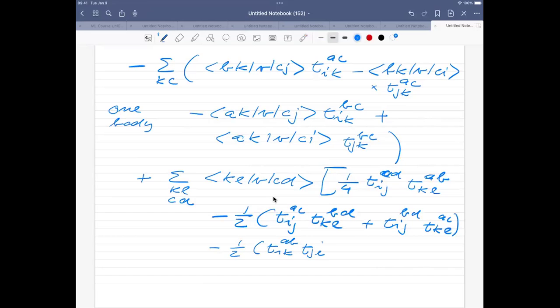So we are just interchanging some of the external lines here. And in the slides and the Jupyter notebook, you will see that this is something which we can write in a more compact way. And then I have a final term, which is just given by T_ik^ac. So when I keep iterating, I would then just insert the first iteration, and I keep iterating till the energy doesn't change by more than a fixed quantity.